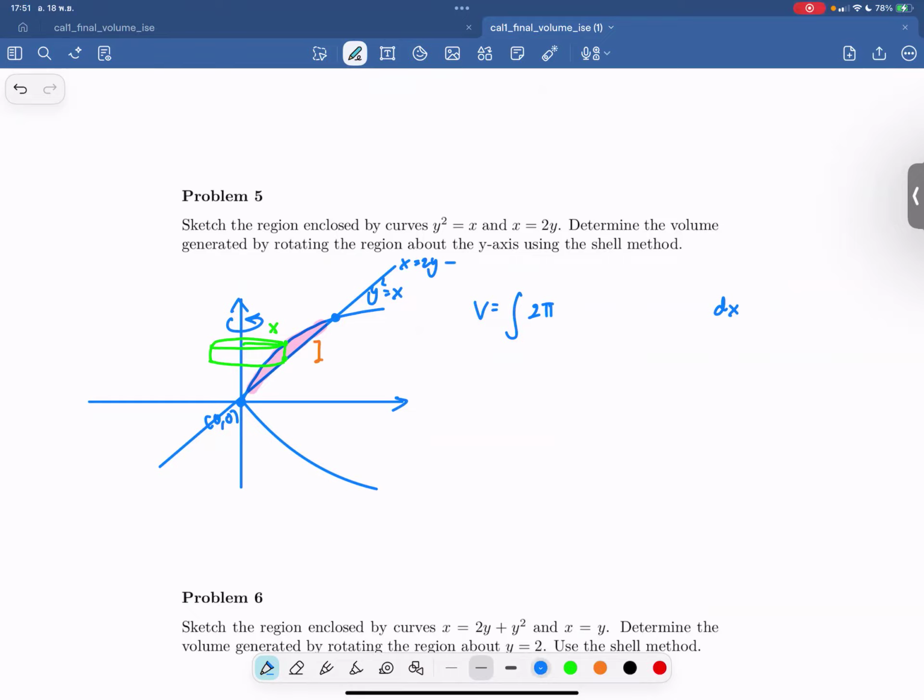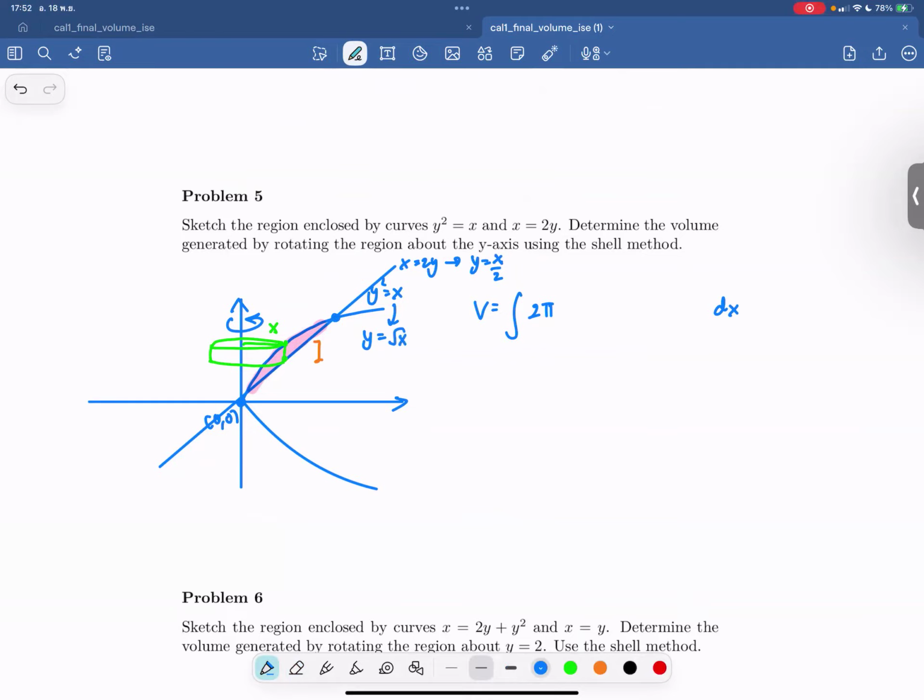So I will adjust the equations as y equals x over 2 for the first one, and y equals plus or minus the square root of x for the second. But we use the upper curve of the parabola, so I may just use the plus sign over here.